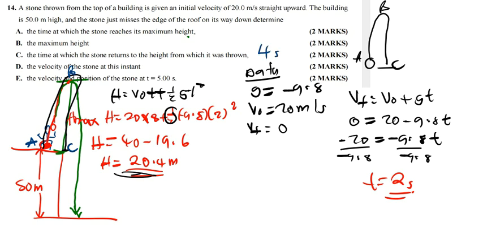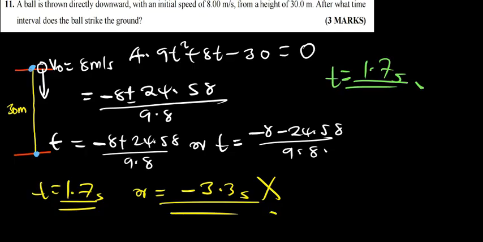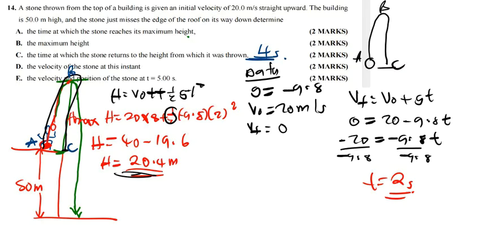I don't know if you're confused still here. I think I explained the question. They were just saying determine the time at which the stone returns to the height from which it was thrown. So the time from when you throw the ball to the maximum height is the same as from the maximum height back to where you are.